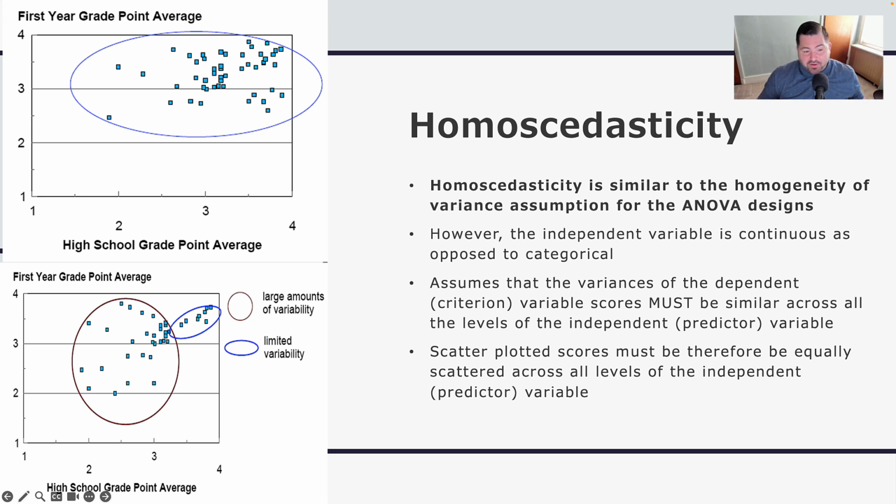And so on the left side of the slide here, you can see that we have a scatter plot. In this case, it's based off of high school grade point averages. And then you have X is the high school grade point average and Y is the first year grade point average in college.